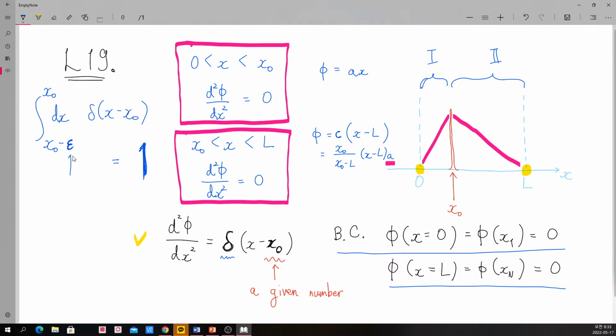This is an infinitesimally small quantity, and also this is an infinitesimally small quantity. Then what will happen to our Dirac delta function? So epsilon is quite small, however it is slightly larger than 0. Then what will happen to our integration? So could you please answer my question?